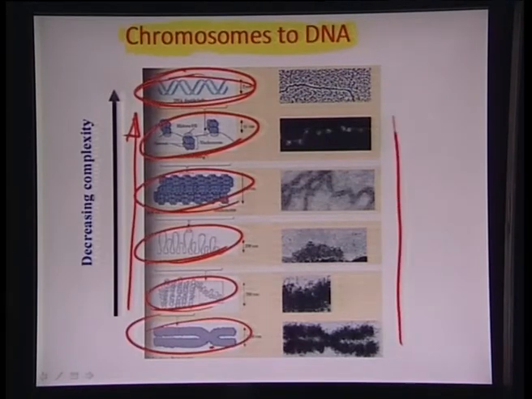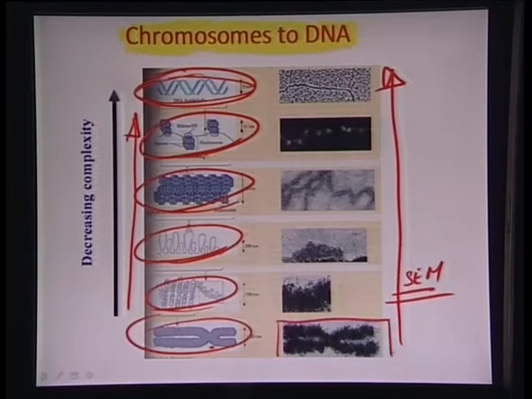This is essentially what really happens. You're using scanning electron micrographs, SEM, to decipher what is going on here. So you have case 1 here, which is really what the chromosome looks like. It is this double Y-shaped structure.